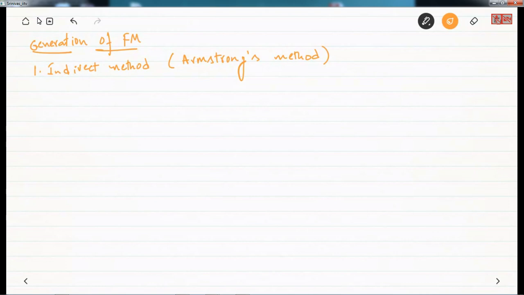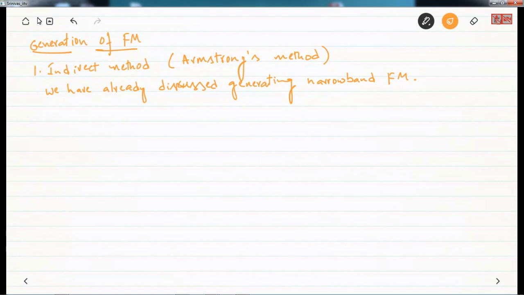See, we have already discussed generating narrow band FM, so if you go back and see your notes, you will see that.